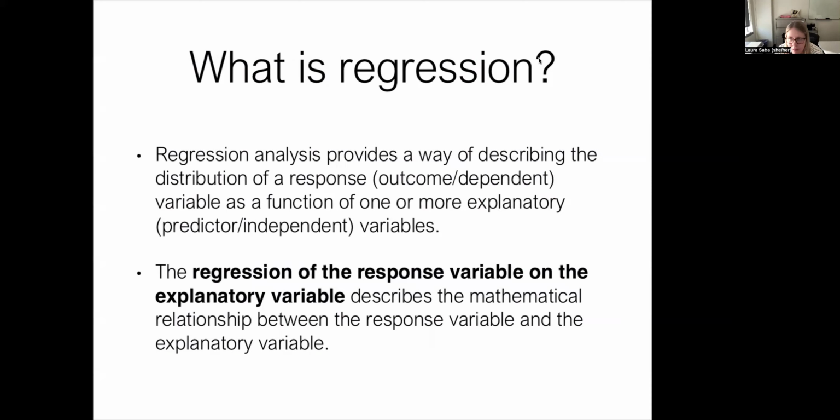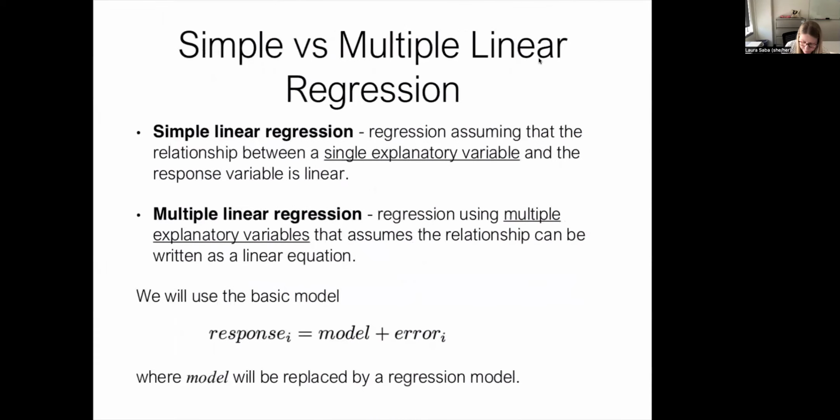I always get confused about this wording, so I tend not to use it in text and try to write it a different way, but I wanted to put it here in bold. So if you hear this talk about the regression of a variable on another variable, it describes the mathematical relationships between that response variable and the explanatory variable.